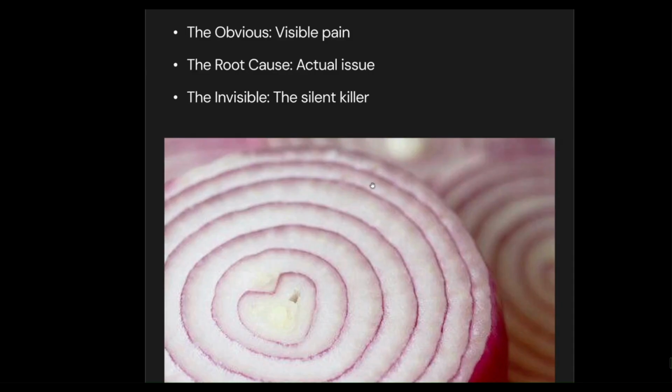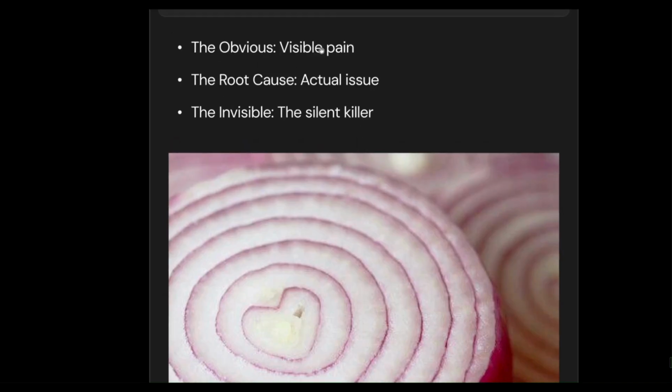This is what's causing the visible pain. The visible pain is happening because of this thing. The second layer, the middle layer, is the actual issue. So, with Swiggy again, long delivery times is the obvious layer, but the root cause would be not enough delivery executives during peak hours. Got it? So this is the root cause.